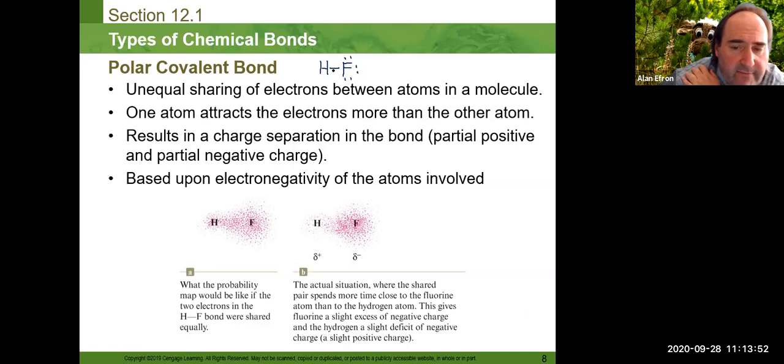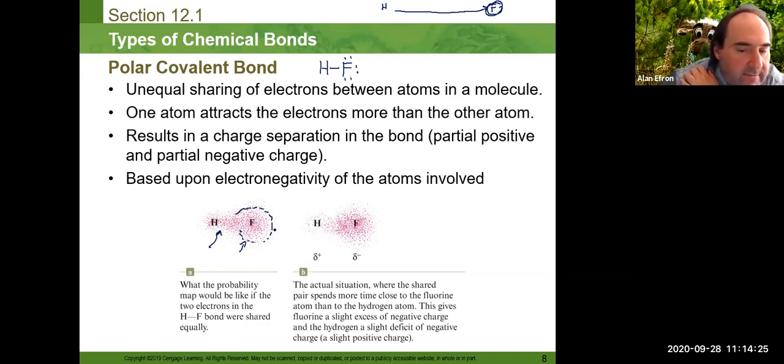Between hydrogen and fluorine, as we talked about with electronegativity in our periodic trends, fluorine is way up here, upper right, and hydrogen's over here. In terms of properties, the fluorine is going to want the electrons a lot more than the hydrogen. So we end up getting unequal sharing of electrons, as you can see by this pink. If the pink is our electron cloud, you can see a bigger amount of electrons hanging out on the fluorine side.